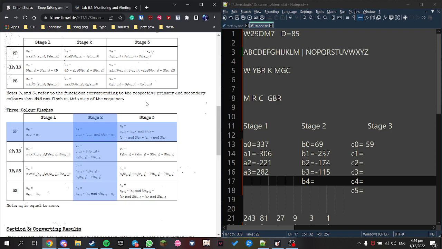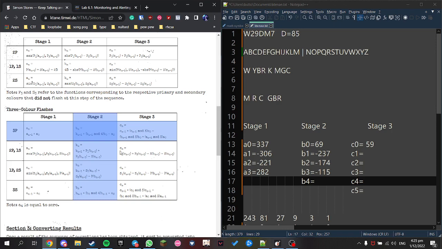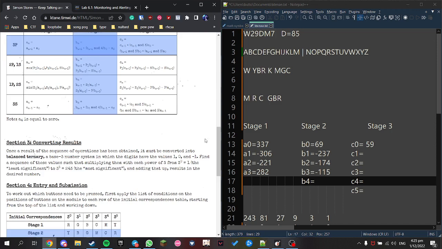So it's just 69. Right, that's a times, right? Then minus a3. A3 is 282. BA minus 1 is just B3 lah. So it's just X lah. Right? Right, yeah. So it'll be equal to negative 328.